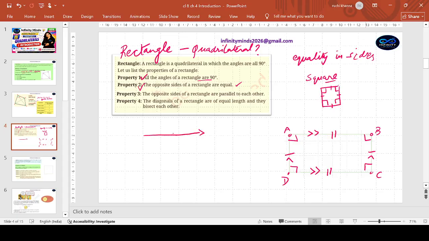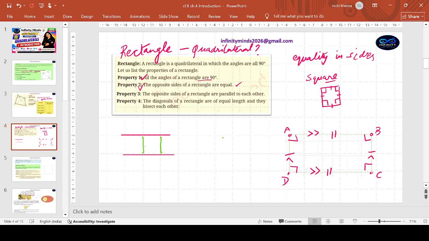Two lines are said to be parallel when they are equidistant, that is, the distance between them is throughout the same.